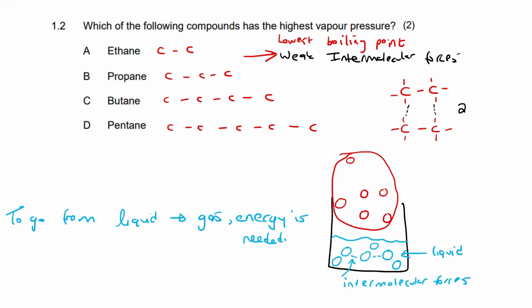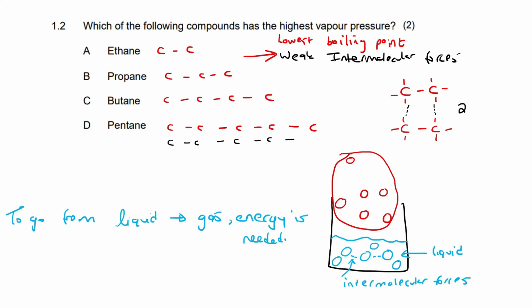So the longer you make the chain, it's going to require more energy, or it's going to be more difficult to separate them. So which of these molecules is going to be the easiest to separate? Would it be easiest to separate these ethanes from one another, or is it easier to separate pentanes from one another? Imagine you drew another pentane over here.